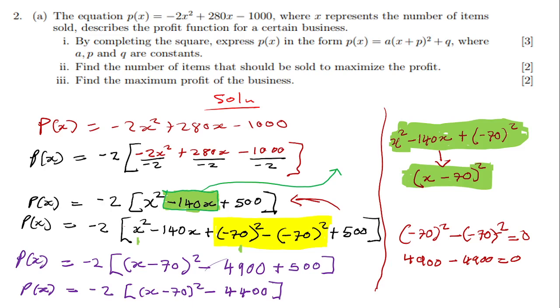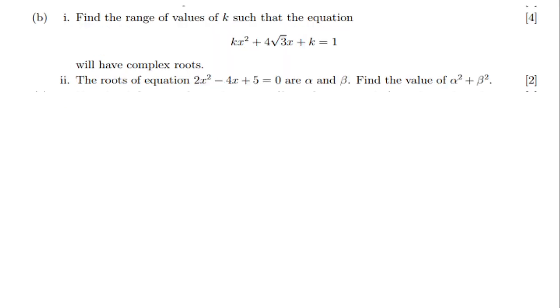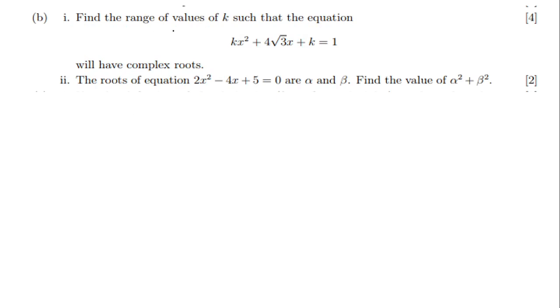Okay, so let's move on and look at the next one. The next one is as follows, whereby you have been given this, find the range of k such that the equation will have a complete square. So you say solution.